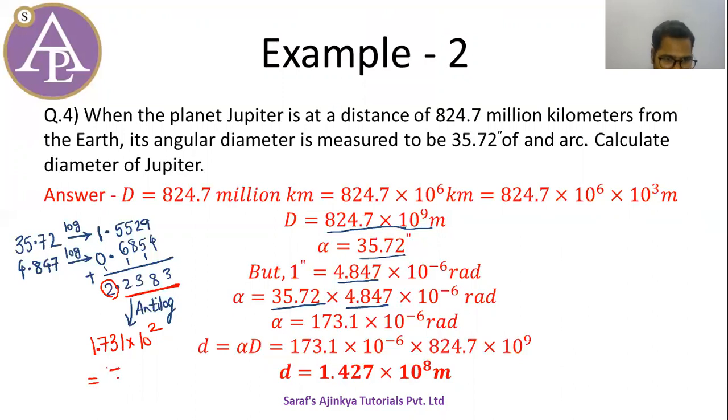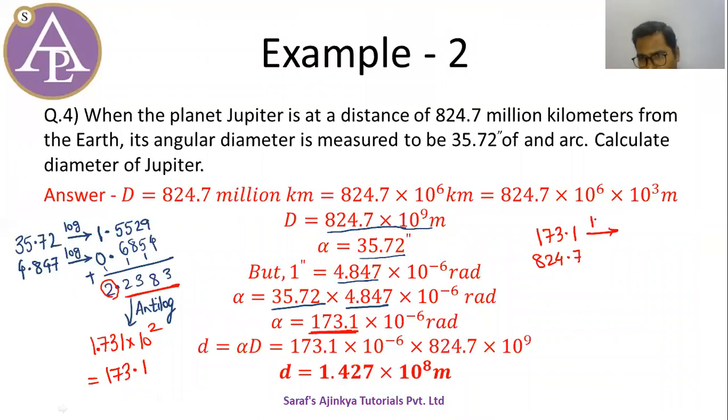So can I say this is 173.1? Correct. And you observe here it is 173.1. So these two are multiplied and you get 173.1. Correct. And there is one more here. So 173.1 and 824.7. These two we want to multiply.